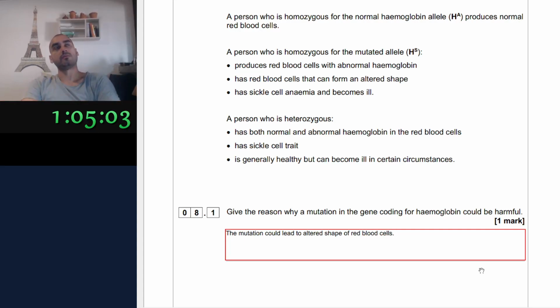Why is this harmful? What's the point of the shape? Surface area is altered. What do red blood cells even do? They carry oxygen.